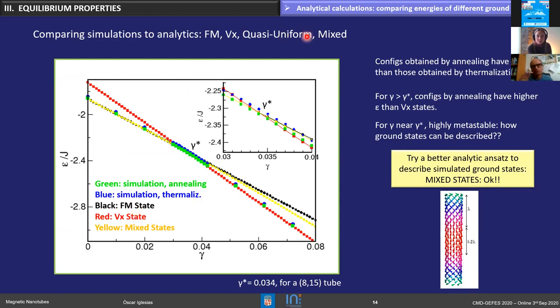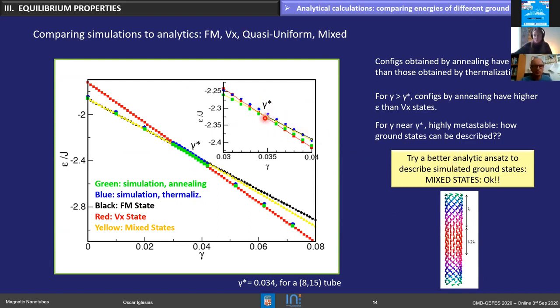Let's say all the spins forming an angle theta with respect to the tube length. And what we see here is that this mixed state is a very good description precisely for the values of gamma close to the regions where we see the formation of helicoidal states. So it seems that these mixed states are a good way to describe the simulations.